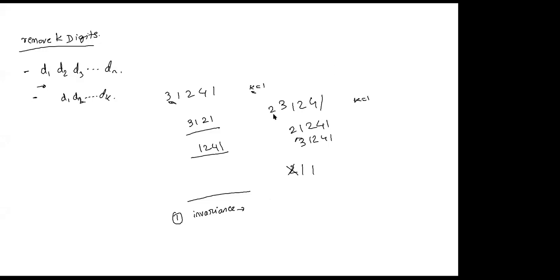We need to remove the largest k digits from the most significant bits. Going from left to right, when you read out the number, the most significant places should be as small as possible. That is what I'm saying.